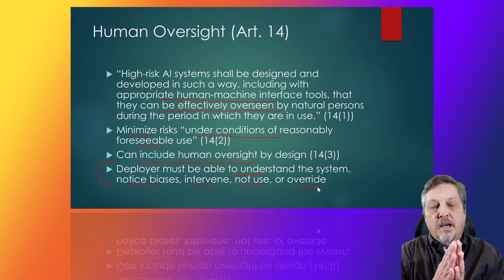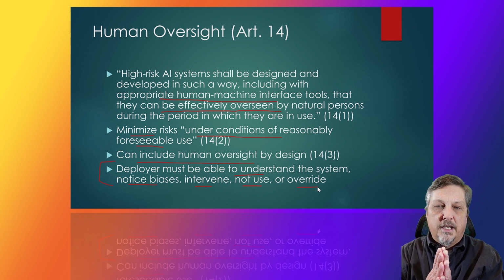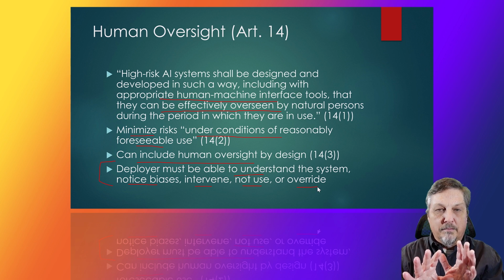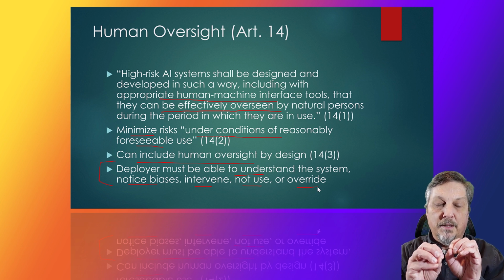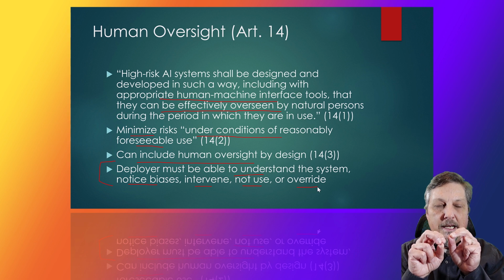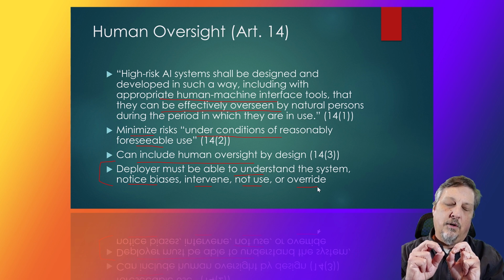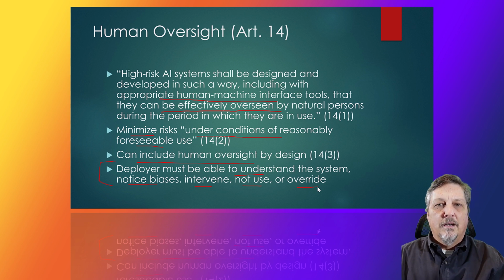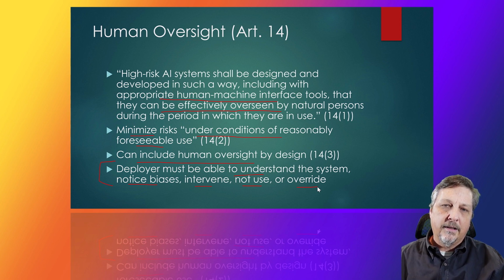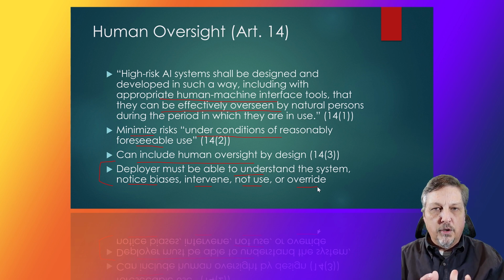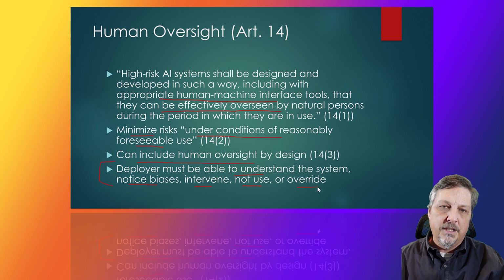So notice this is not just a human person who's kind of in the loop merely observing, but a human person who's able to observe, right, and intervene, modify, turn off, override. All right, so that's our summary of what a high-risk system is under the EU AI Act and what human oversight under Article 14 requires for high-risk systems.